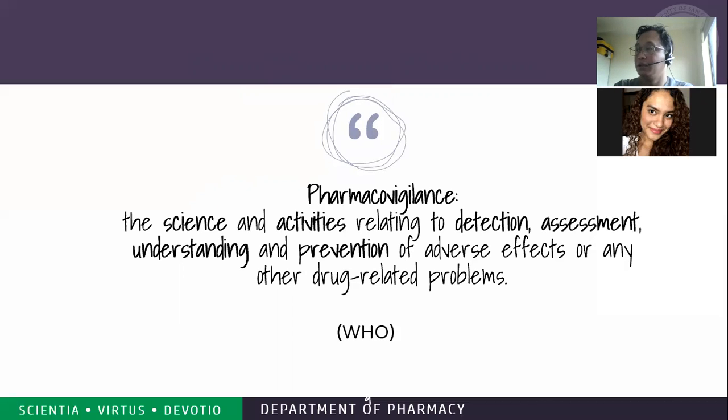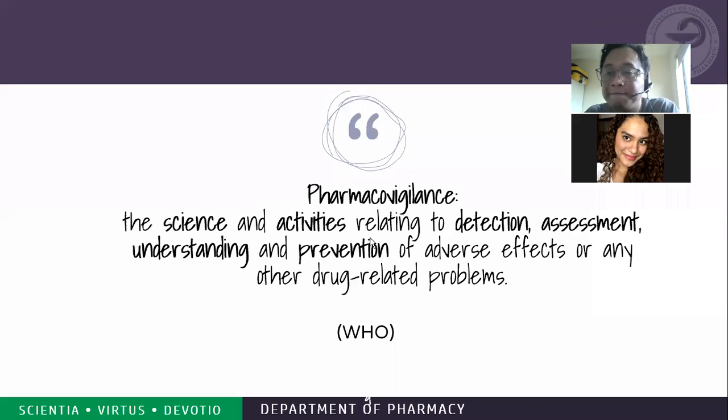And the first study, in my understanding, is now called pharmacovigilance. Pharmacovigilance is the science and activities relating to the detection, assessment, understanding, and prevention of adverse effects or any other drug-related problems.